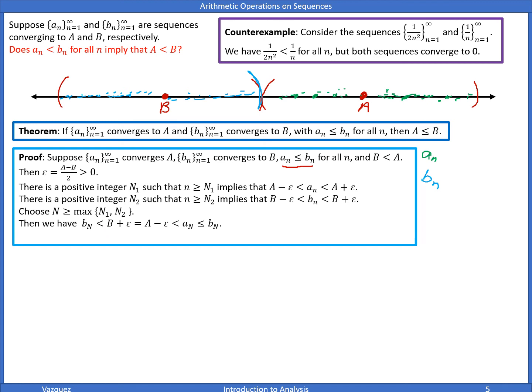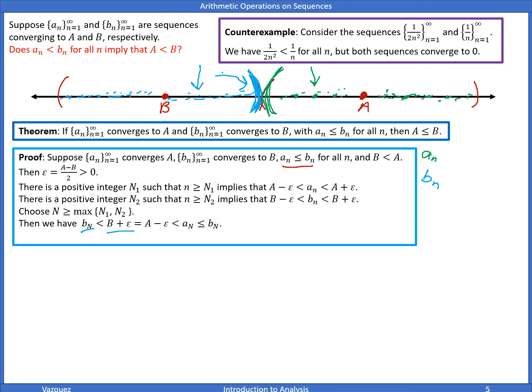Okay, so just quickly, bn down here in the proof is less than or equal to the upper bound of its interval. So all these points are less than or equal to this parenthesis right here, and that parenthesis is the same as this one that we have over here, which is a minus epsilon, and that is less than infinitely many an terms.